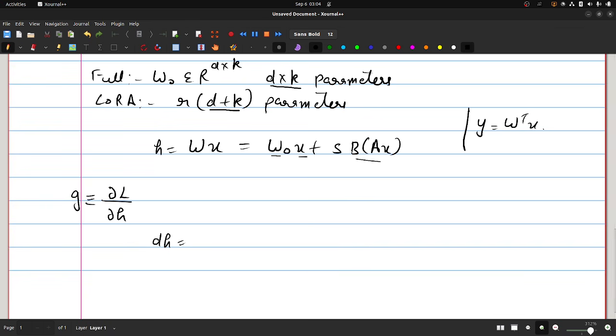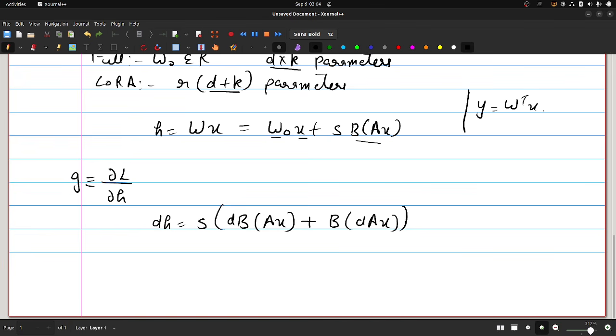So we are only left with the second term: S times dB times AX plus B times dA times X. Using this expression, we can write the derivative of the loss function as G transpose dH.